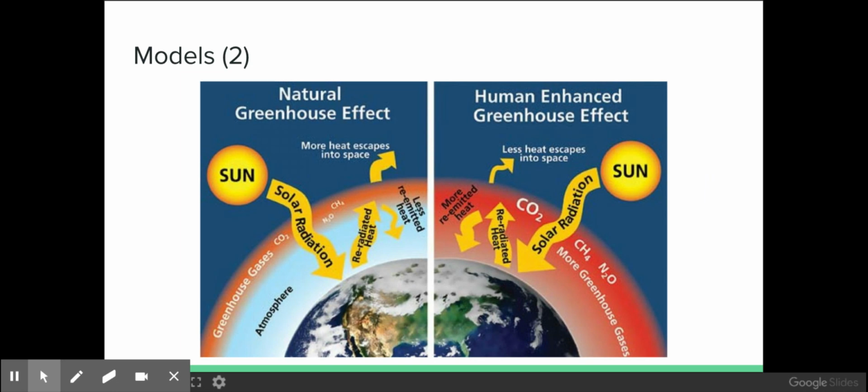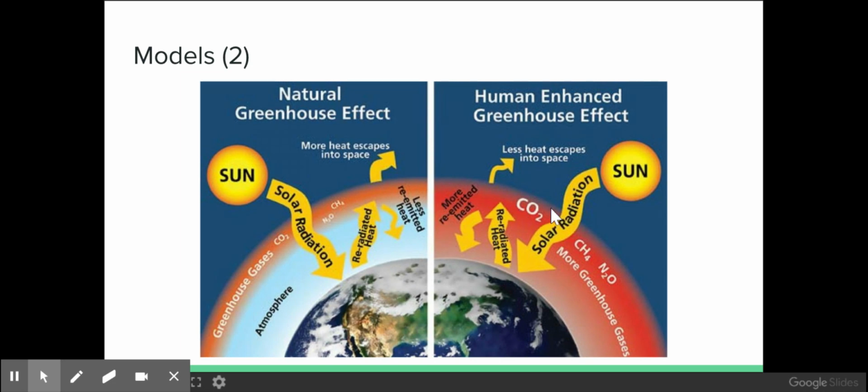The greenhouse effect. How is climate change being impacted by solar radiation? Well, this picture makes it very colorful and easy to understand that when the sun's rays come into the atmosphere, gases such as CO2, H2O, and CH4 are very good at redirecting heat back to the surface.